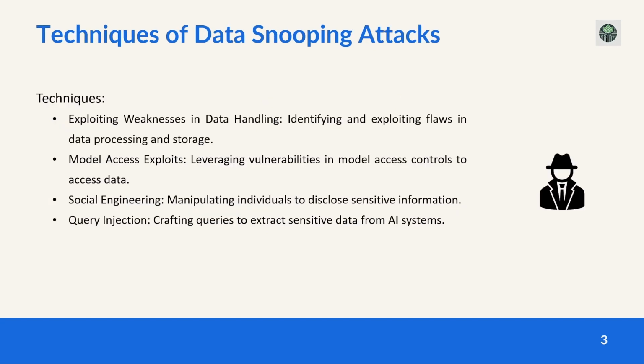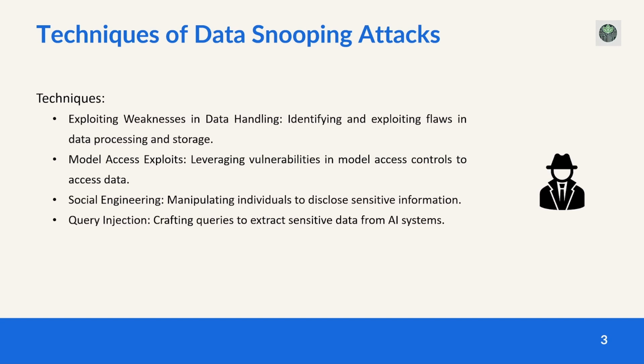So let's look at some of the techniques here. There are various methods that attackers can use to conduct data snooping. One technique is exploiting the weaknesses in how data is handled. For example, poorly managed storage systems or weak encryption can make sensitive data very easy to access. Model access exploits involve finding vulnerabilities within the AI systems.